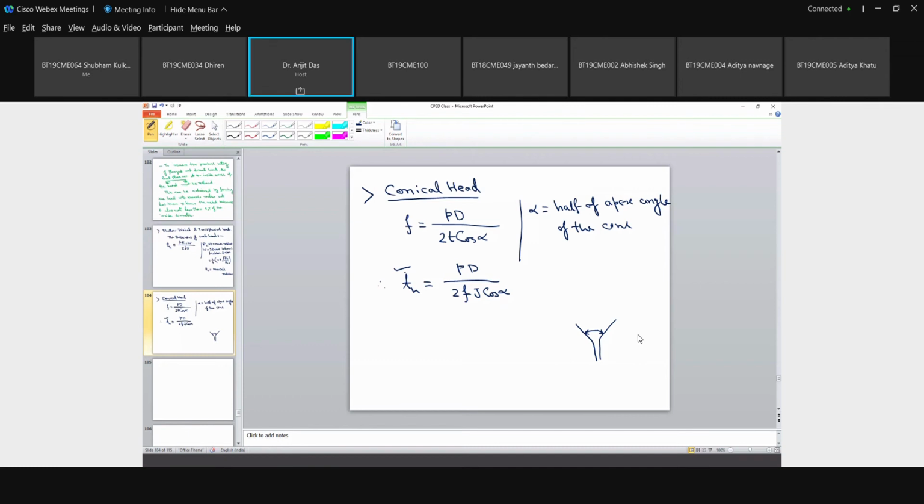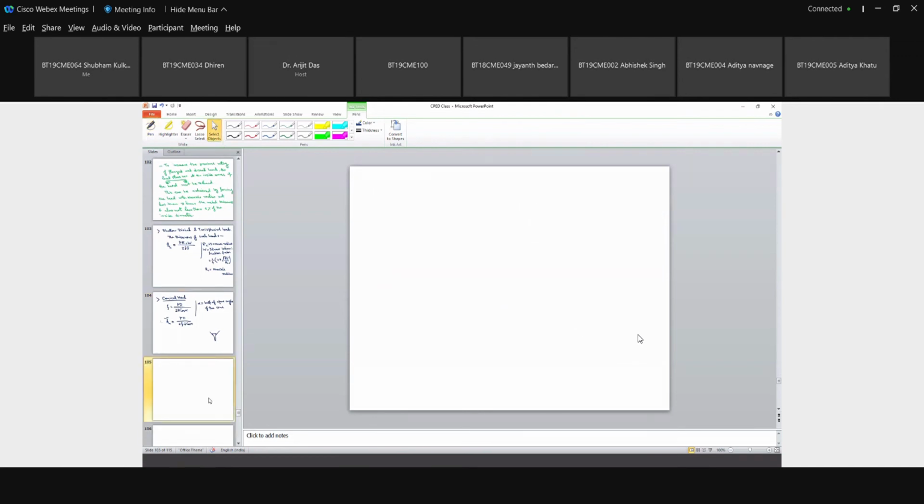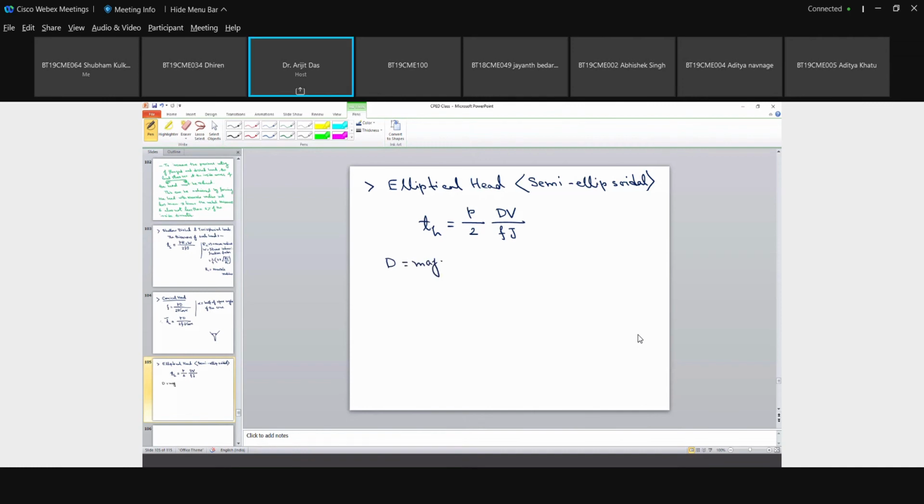Now for the case of the elliptical head, and this is specific for the semi-ellipsoidal, the thickness is determined using this, where D is the major axis of the ellipse, not diameter.